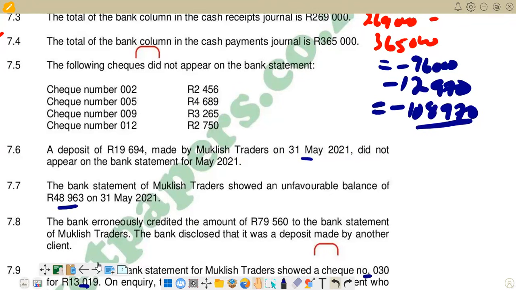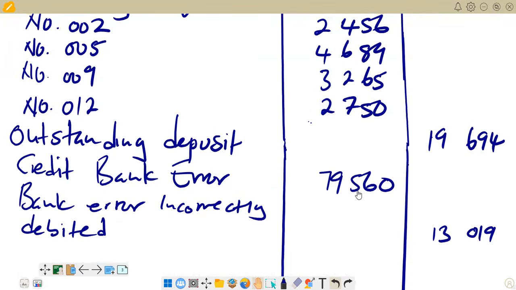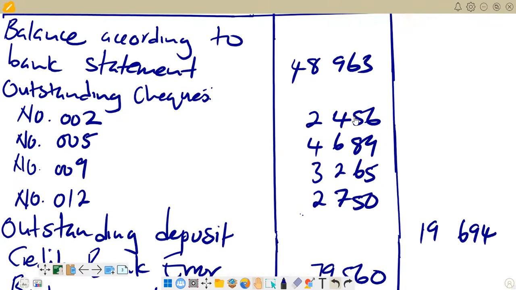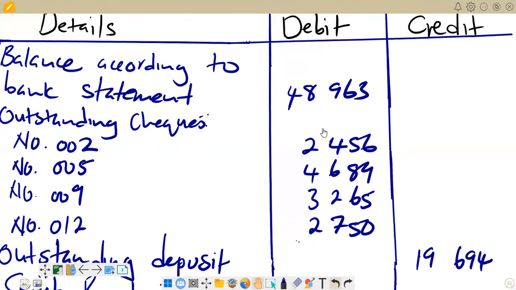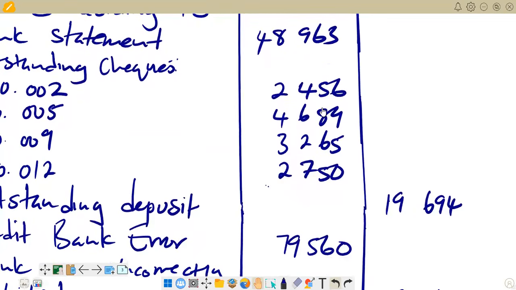So we go back there to try to see. Here, what we are going to do is add the total of the debit, and then add the total of the credit.